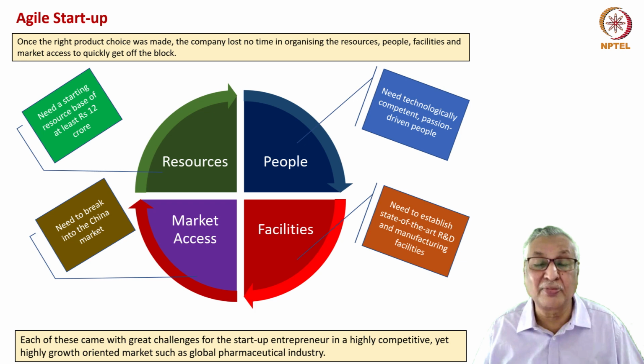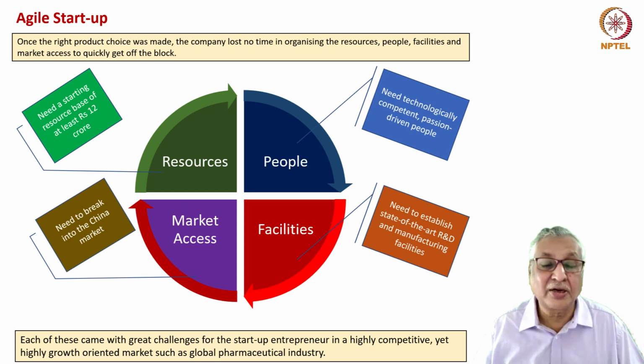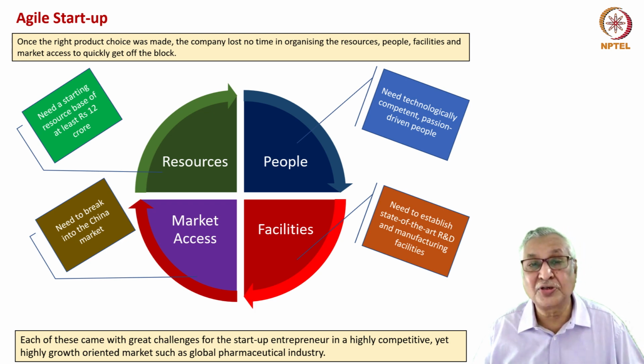You cannot suboptimize the people competencies. The market access has to be ready made and waiting to accept the products. So need to break into the China market, and the facilities have to be state of the art R&D and manufacturing facilities. Each of these came with great challenges for the startup entrepreneur in a highly competitive yet highly growth oriented market such as the global pharmaceutical industry.